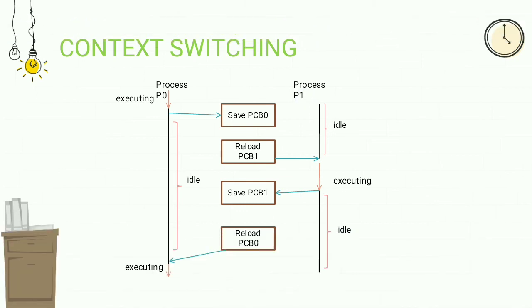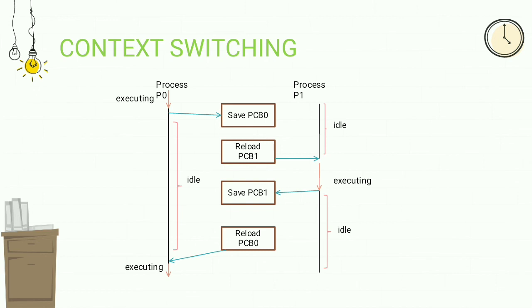For that, we save the process control block of the process P0. In the previous slide we saw that the details of the process are saved in the process control block automatically. So when there is an interrupt or input output event, the contents of the process P0 are saved, and then there is switching to the process P1, which is idle.